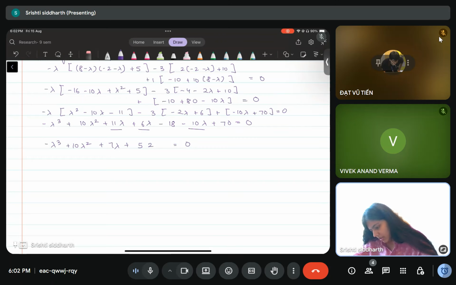Alright, this part is the characteristic polynomial without equating it to 0.